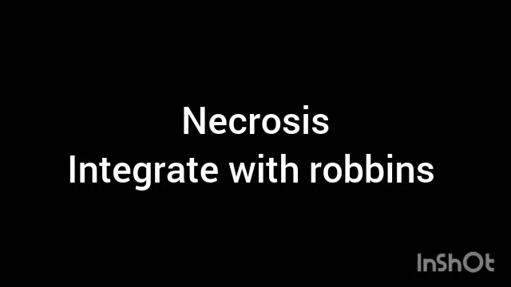In fibrinoid necrosis, the cause is immune-mediated vascular damage. If vascular damage occurs by immune mediation, we say it is immune-mediated vascular damage, which is the cause of fibrinoid necrosis. What is the mechanism?